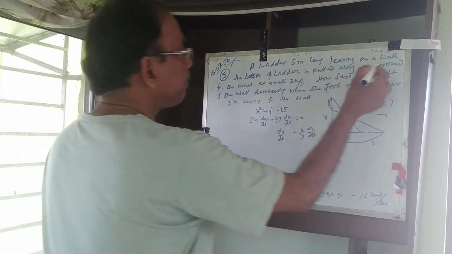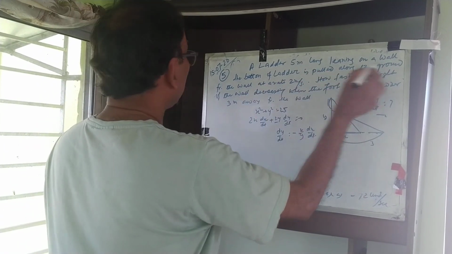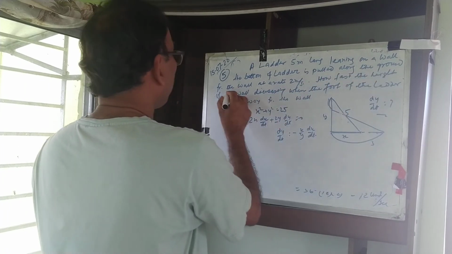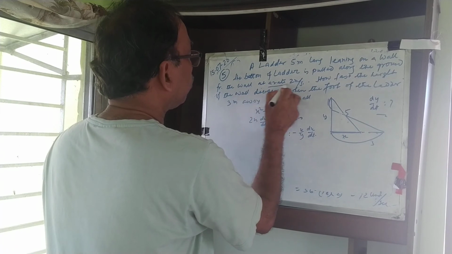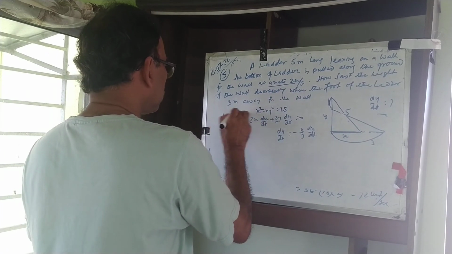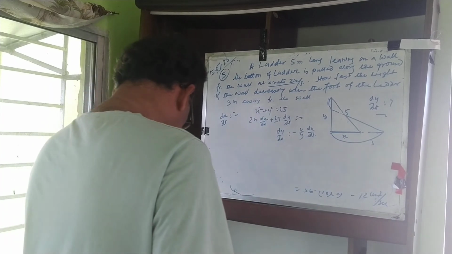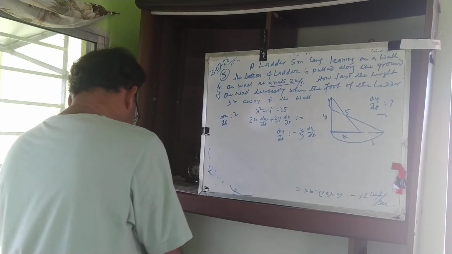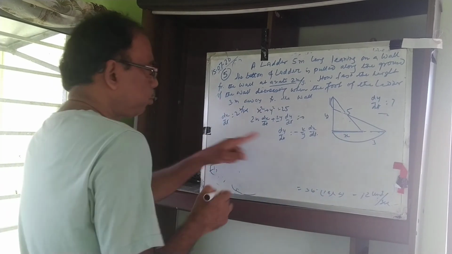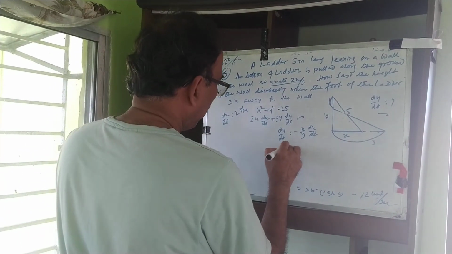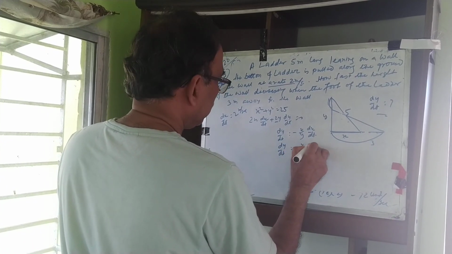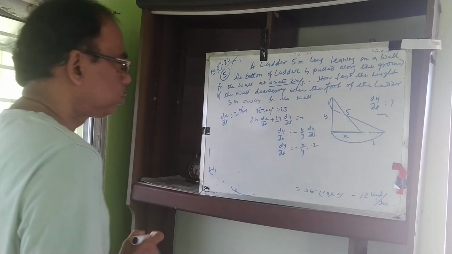Here dx by dt, that is pulled along the ground away from the wall, is 2 meter per second. That is dx by dt equals 2, given. Put it here: dy by dt equals minus x by y into dx by dt, whose value is 2.